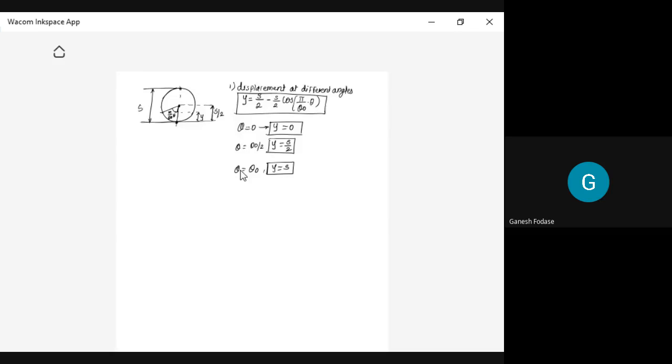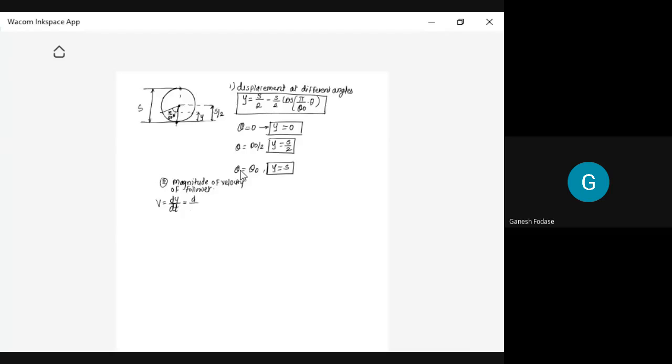I request you now, as you are good in mathematics, you can derive the equation for velocity. So I'm writing here the magnitude of velocity of the follower. How to find velocity is very simple. I'm just telling you the procedure. The velocity is equal to dy by dt, the displacement of the follower with respect to time.